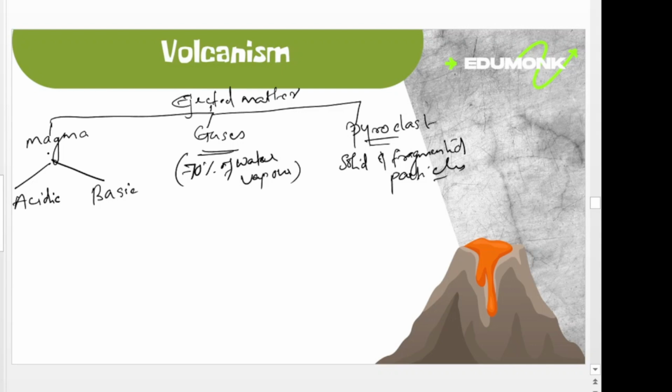Then, what are the specialties of this acidic magma? We can move on to that. Considering the acidic magma, it contains more silica. Then that means there is more viscosity.